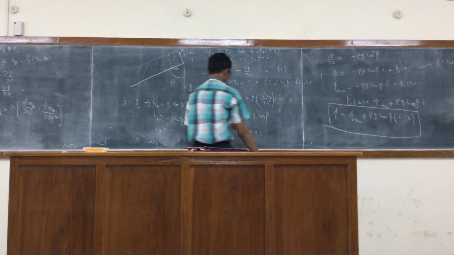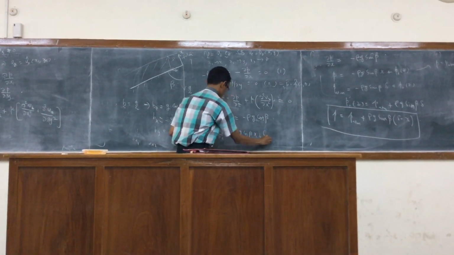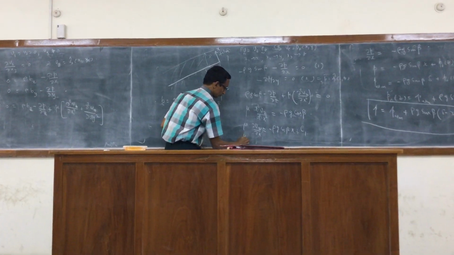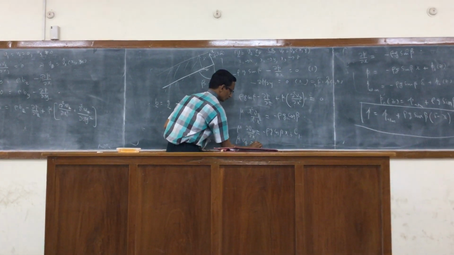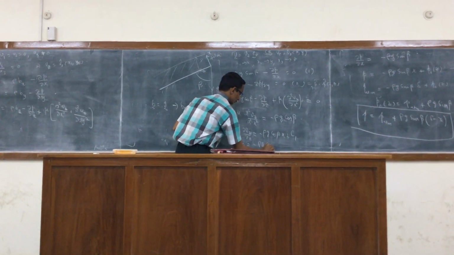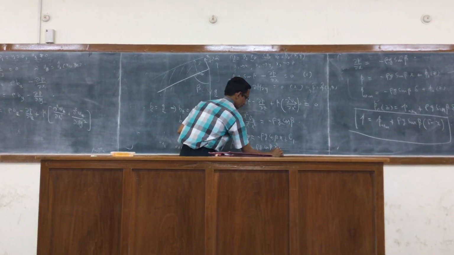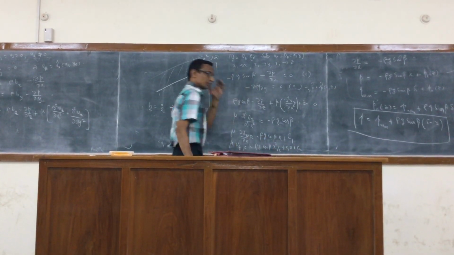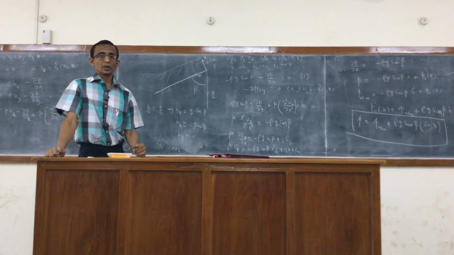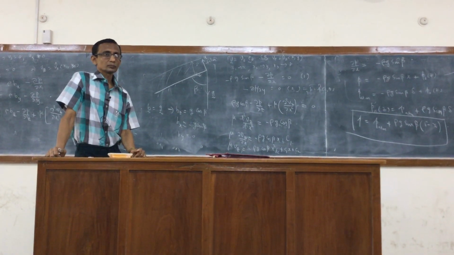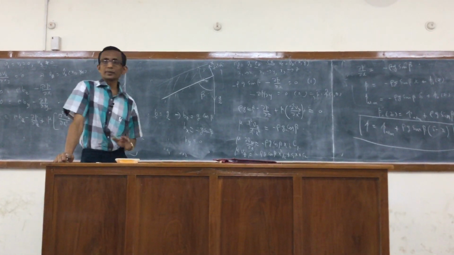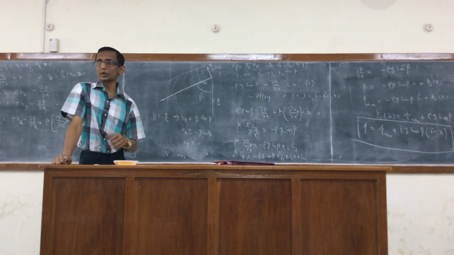So we get this plus C1, and when we integrate a second time, we get plus another constant. So there are two constants, and so we need two conditions to determine them.